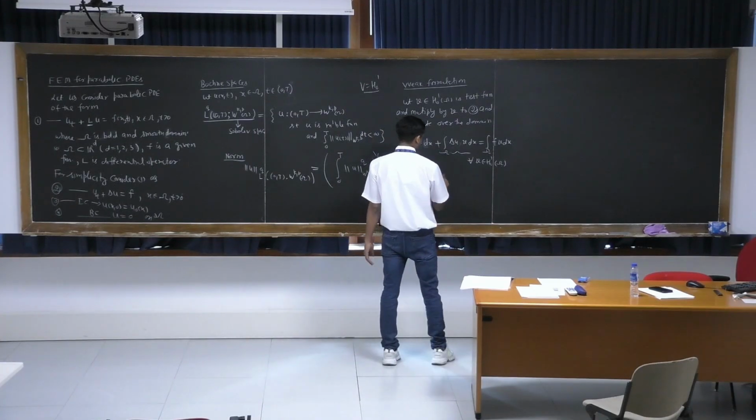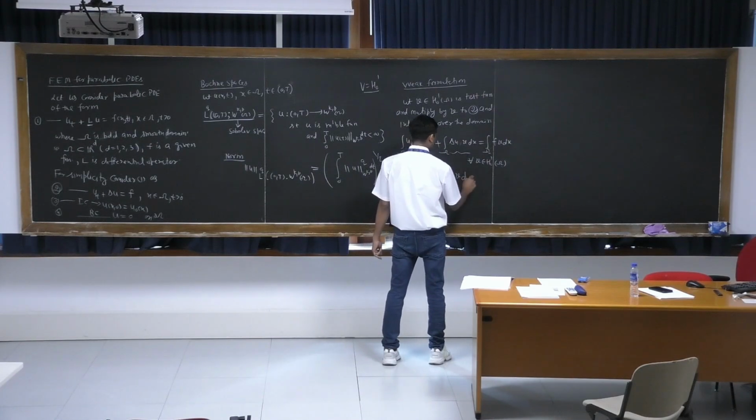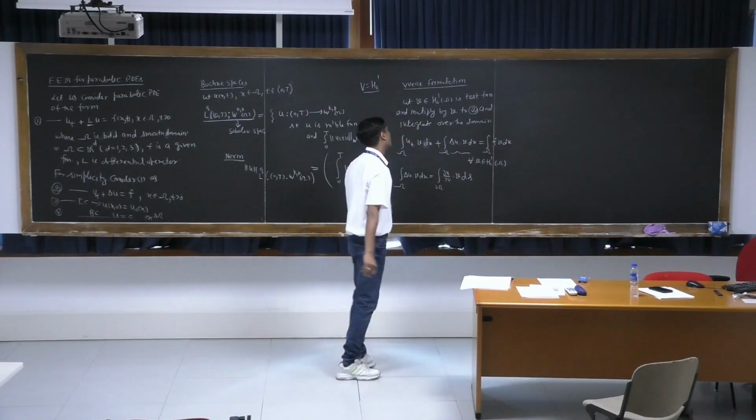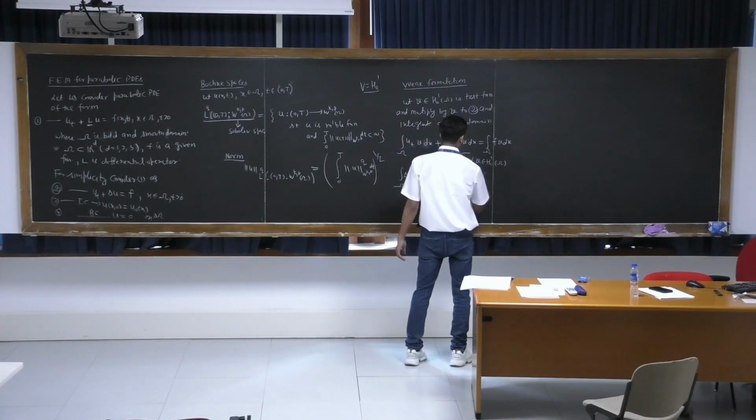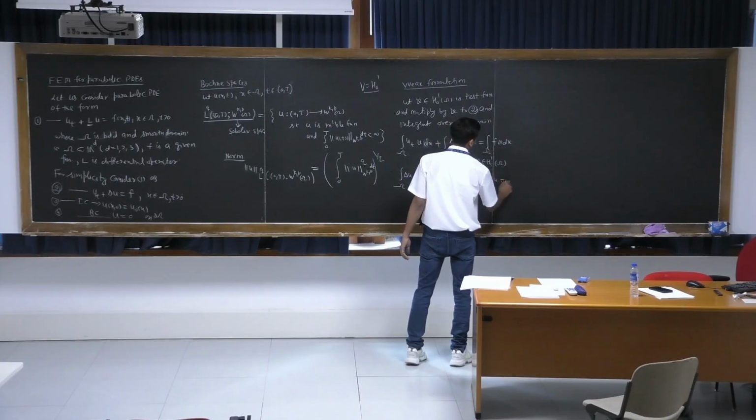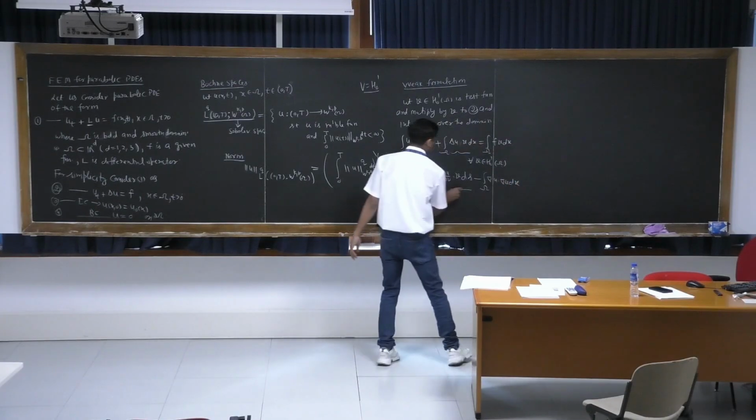So this becomes the integral over the boundary of del u by del eta times v ds, minus the integral over the domain of grad u dot grad v dx.